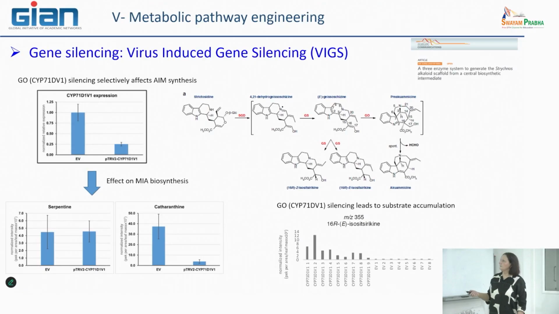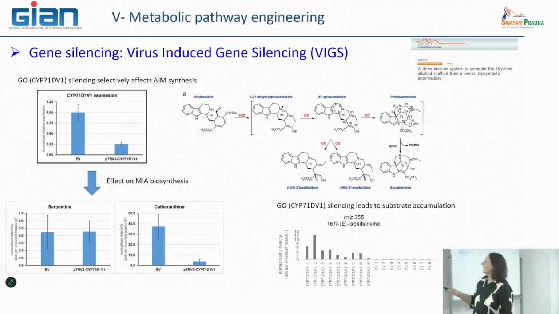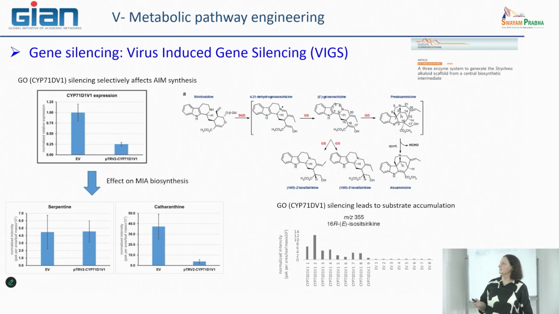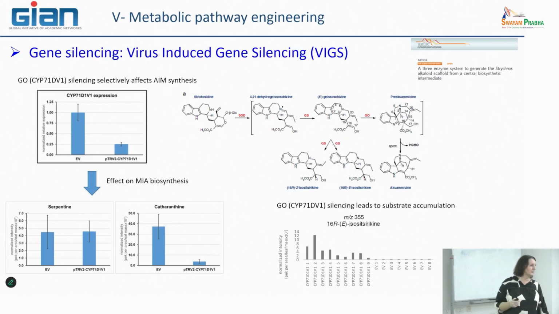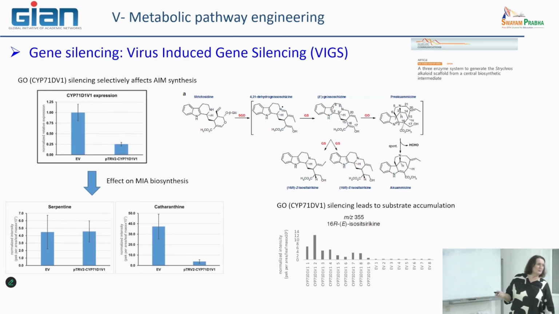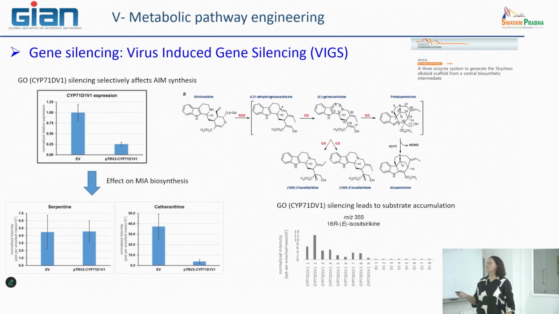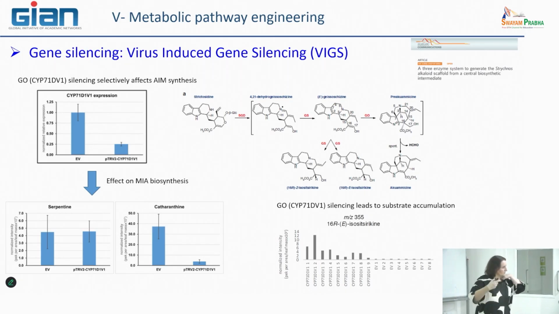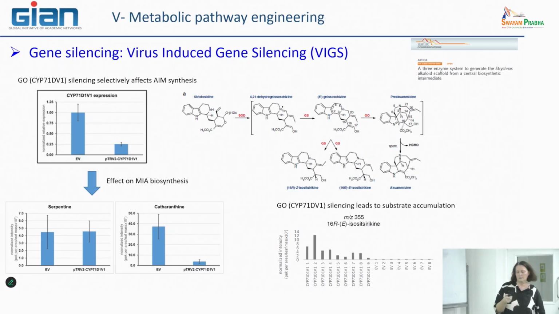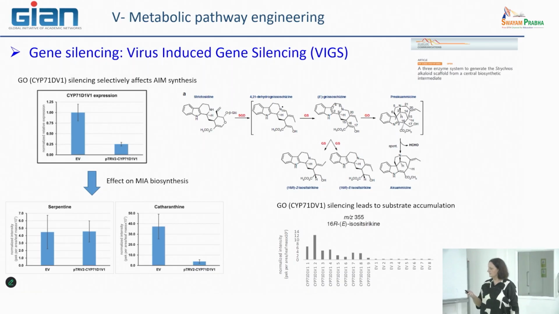What we found is that this enzyme acts exactly at this moment of the metabolic pathway. It took about 3 years to identify and characterize this enzyme. It was a very nice result, published in Nature Communications, because for a long time we had been looking for this specific enzyme.